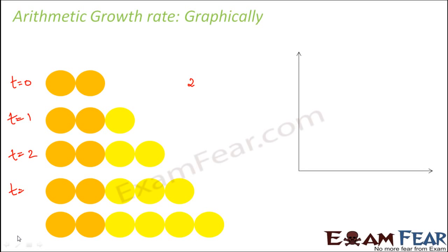I just want to show you how the graph would look for this kind of growth rate. Let us suppose this is seconds. This is just an example. It does not mean that in 1 second only one cell will increase in a plant. That is not the case. The time is increasing here and the number of cells formed is increasing here, right?